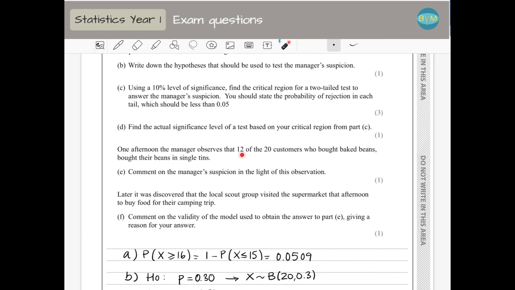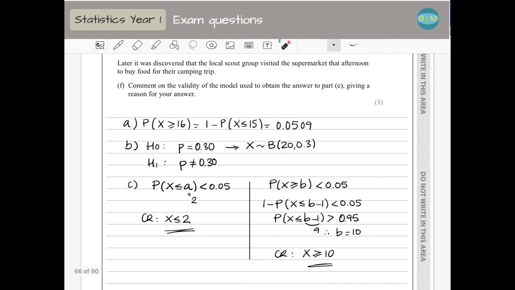12 is in the critical region because it's greater than 10. If it's in the critical region, I have to reject this one and support manager's belief that the proportion is different than 0.3. In fact, it looks like it's going to be greater because I have a greater value, or I am in the right hand side of the critical region.